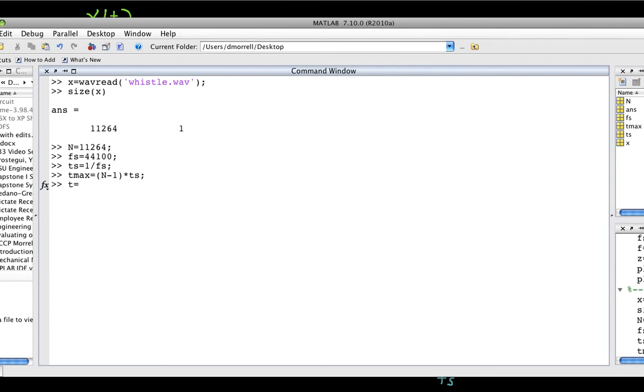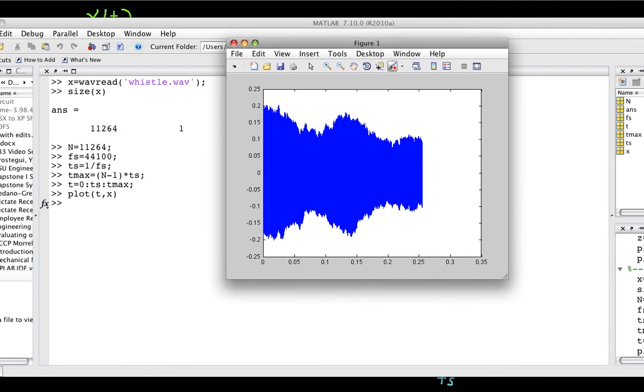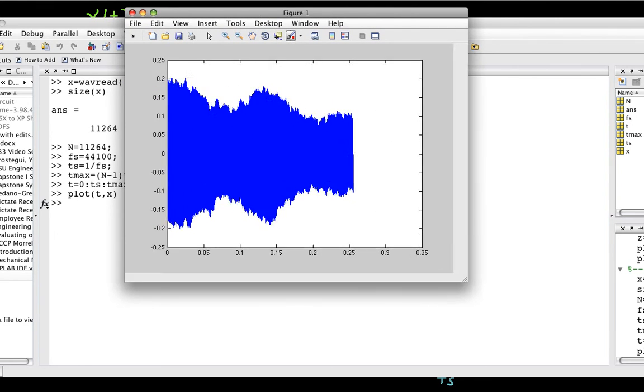I first define a vector t. It starts at 0, increments by T_s, and goes to T_max. And now I should be able to plot t comma x. And there it is. This is a plot of the whistle.